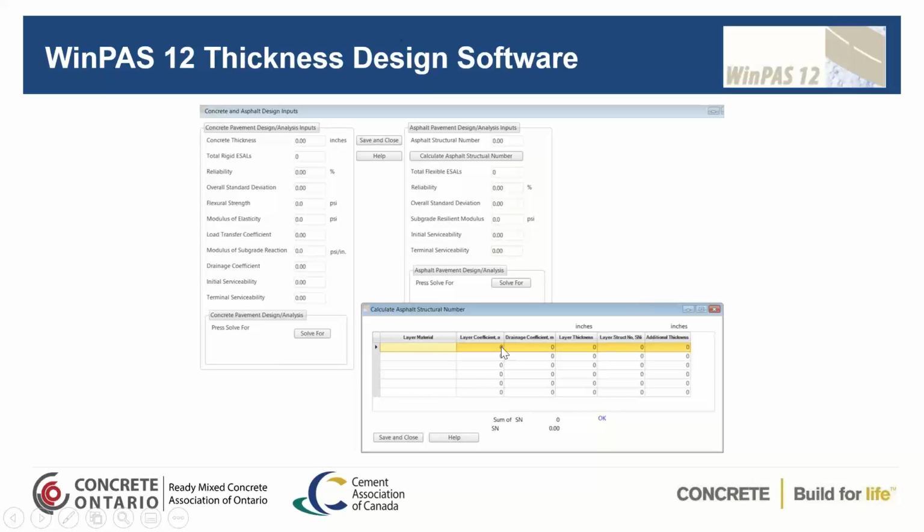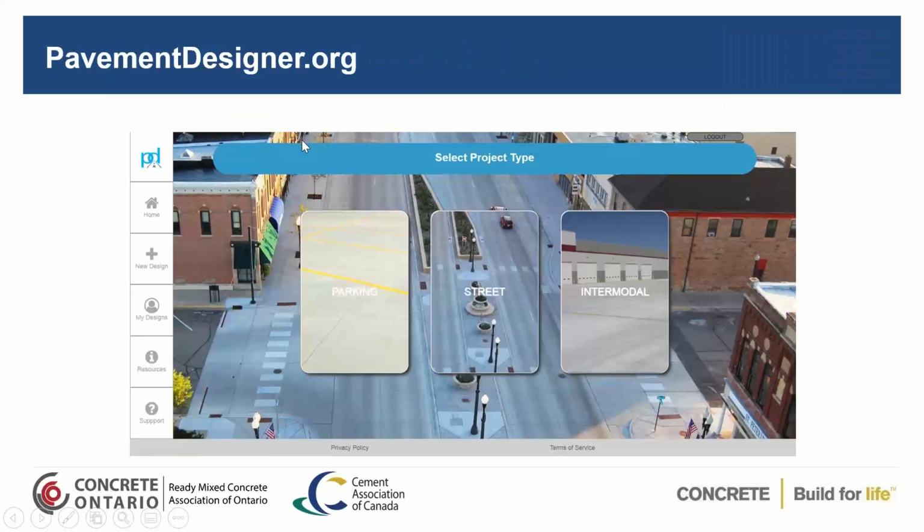You put the layer coefficients, you put the drainage coefficient, and then you put the layer thickness, and it's going to calculate a structural number. That structural number is used back in the asphalt design so that you can calculate your number of ESALs for your analysis by entering the rest of the data, and then you take those ESALs and your additional information on the concrete to back calculate and give you the concrete pavement thickness.